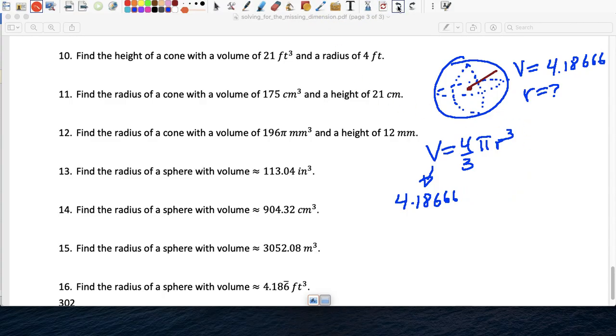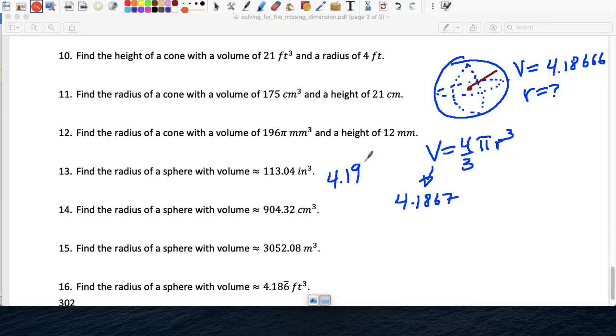So now I don't know which to use. Why don't we just use 4.18 and instead of 66 going forever and ever, let's just leave it as that. I don't know, some of you might have used 4.19.